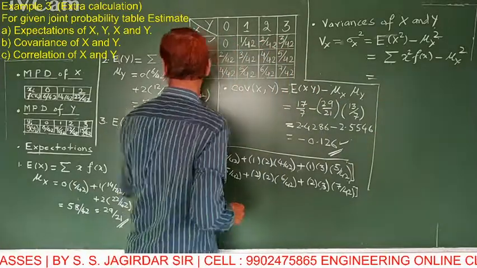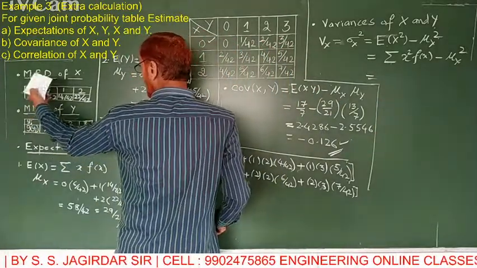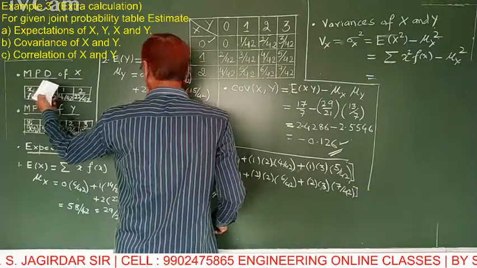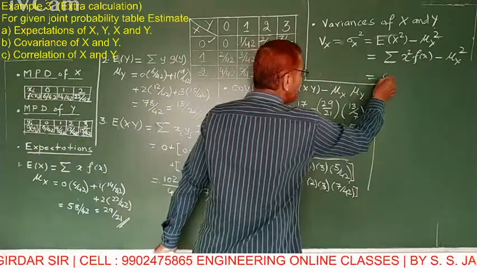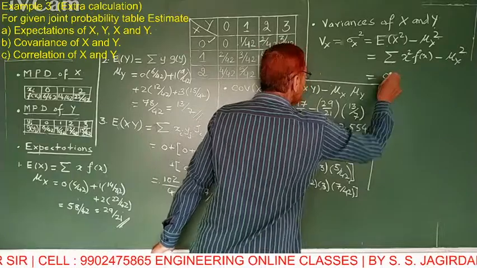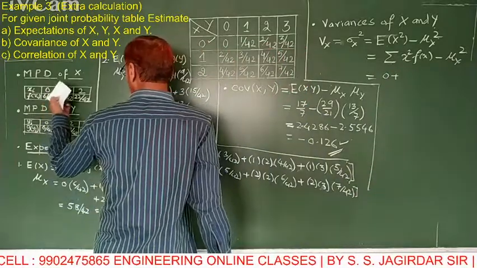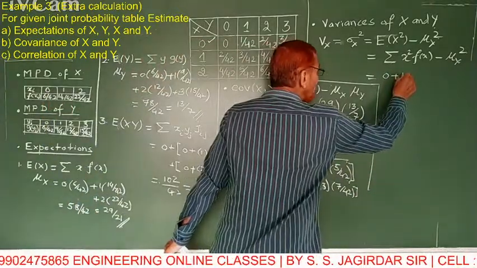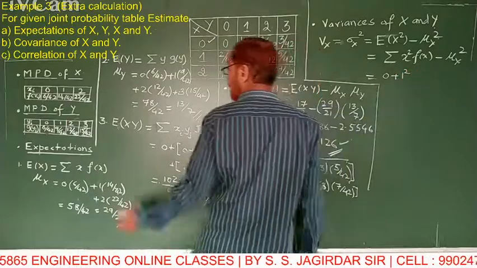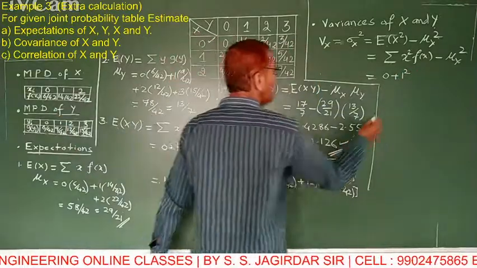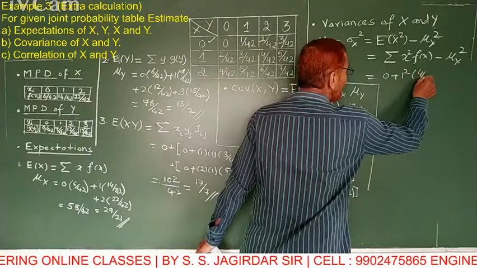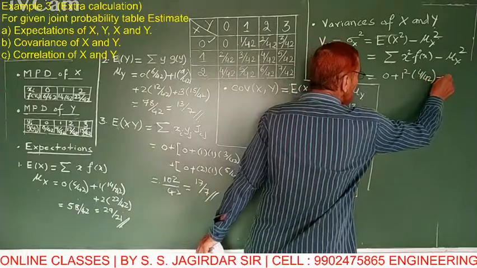Now come here to the marginal probability distribution table. X square is 0, so it is 0 only, no need to calculate. 0 into anything is 0. Then 1, so 1 square into the marginal probability, which is 4 upon 42, plus the next value.